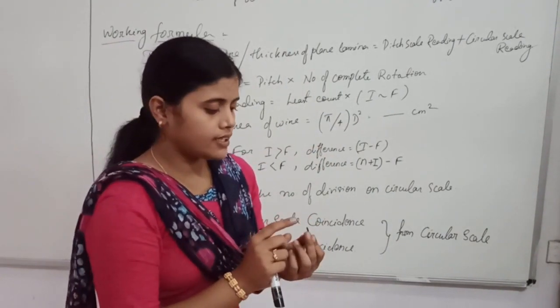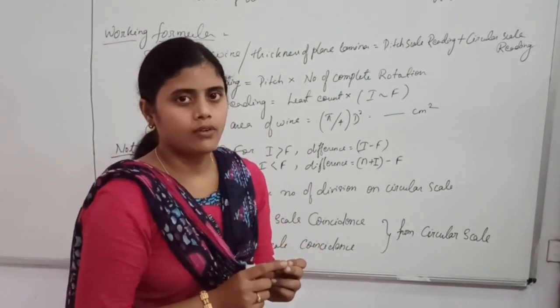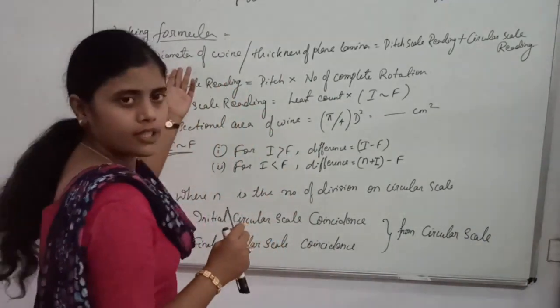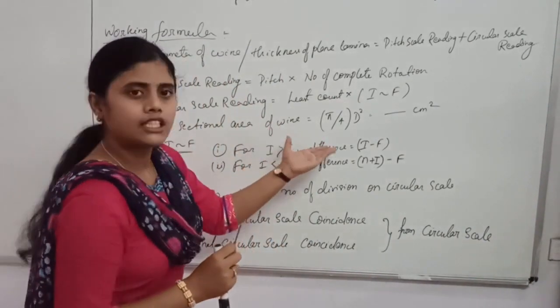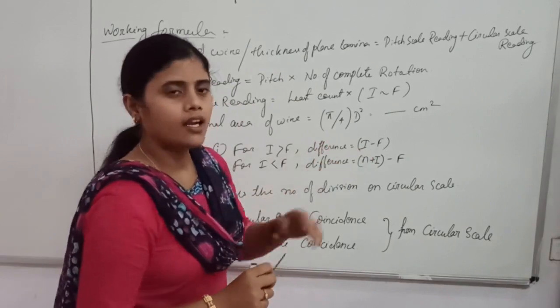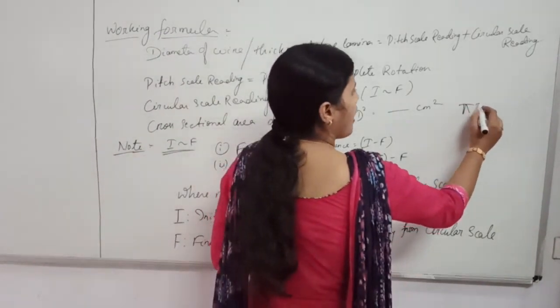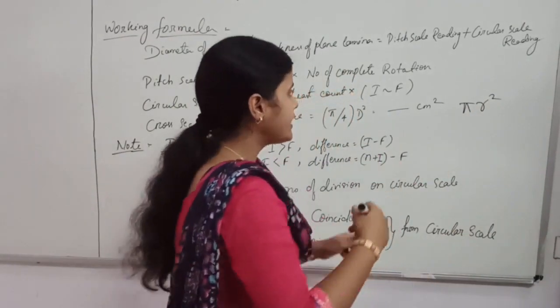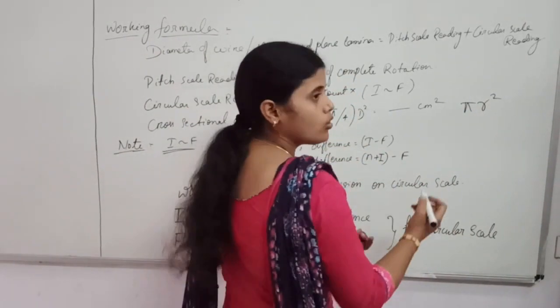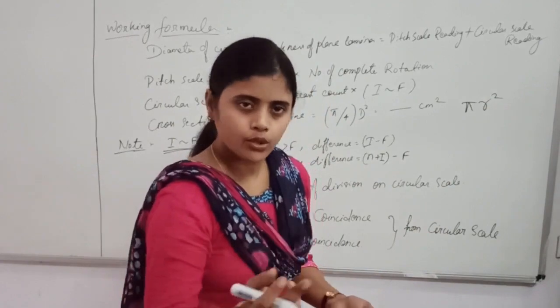So when this is a circle, the area of the circle is pi r square. Now you know the diameter, so you can easily find the cross-sectional area. In terms of radius it will be pi r square. But in terms of diameter, you know radius is nothing but diameter by 2.